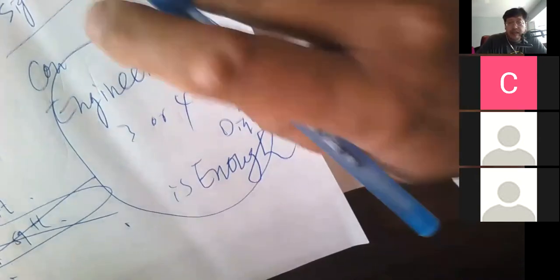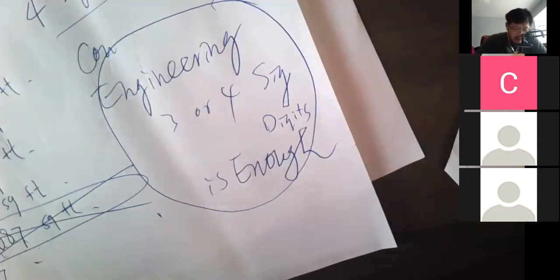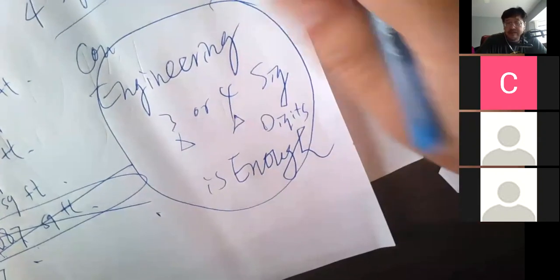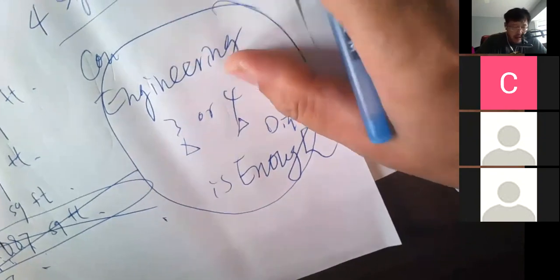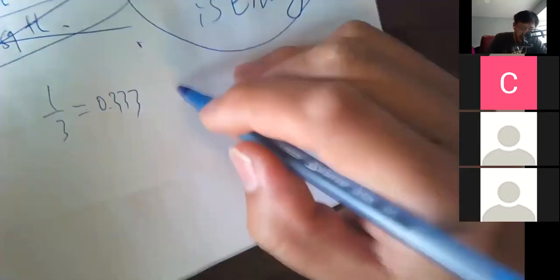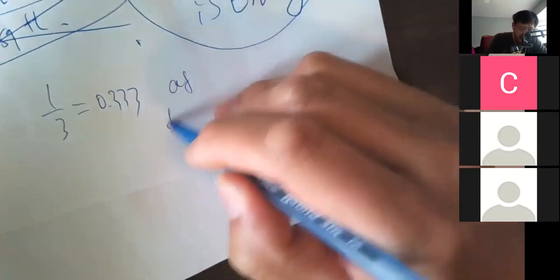When you do a calculation, for the final answer you only need 3 or 4 significant digits. For example, if I ask what something equals, you say it equals 0.333. That's enough as a final answer.